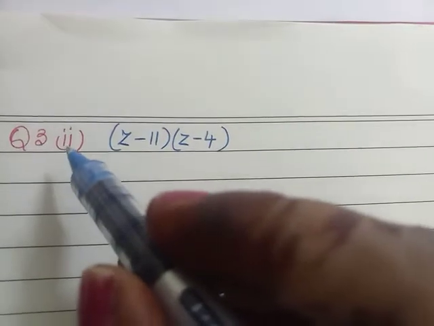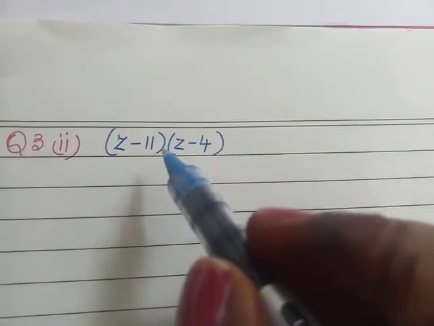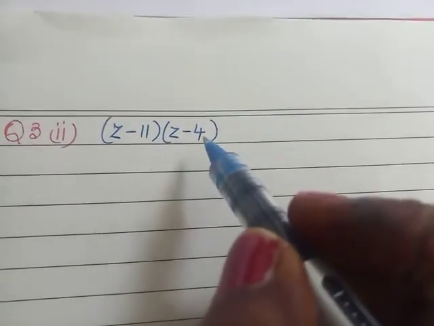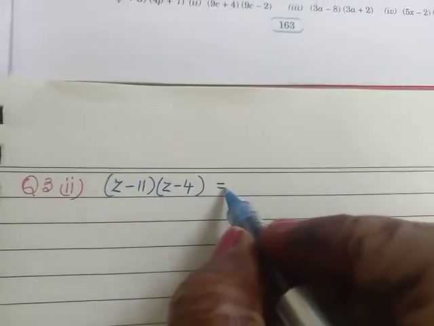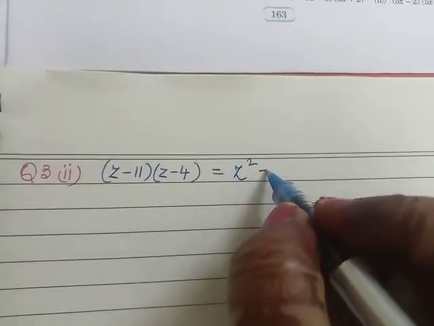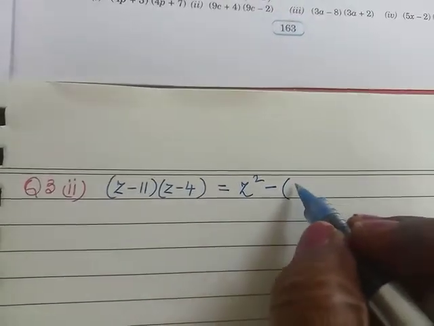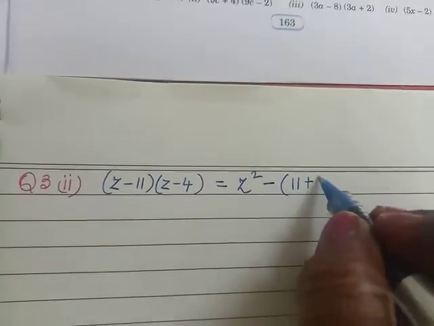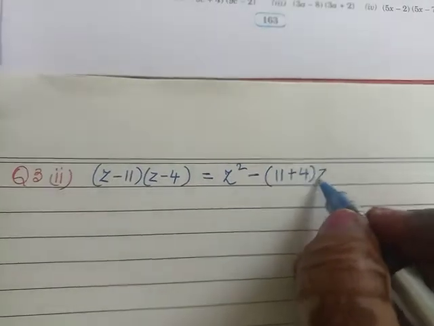Question number 3, second part, it is given z minus 11 and z minus 4. Now both the second terms have negative sign. So how do we write? Z square. When both are negative, we keep the negative sign out and we write the positive sign between the two numbers, that is 11 plus 4. Z is a variable.